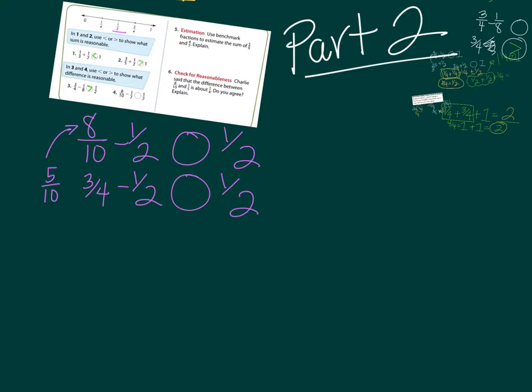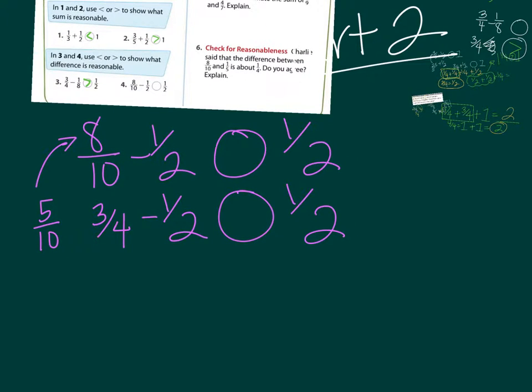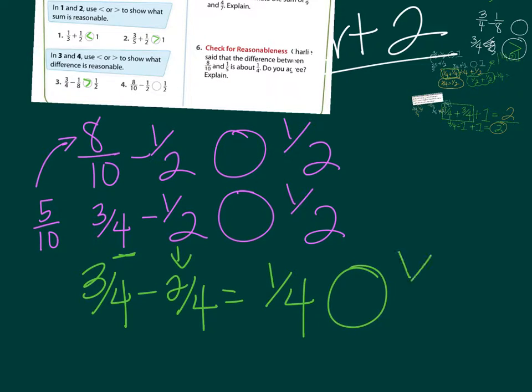What I know about fractions is that 1/2 is the same as 2/4. Since I have fourths already, I'm going to change the 1/2 into fourths. So then I have 3/4 minus 2/4, and 3/4 minus 2/4 would give me 1/4 as compared to 1/2. Which of course is bigger, 1/4 or 1/2? That's right, 1/2.